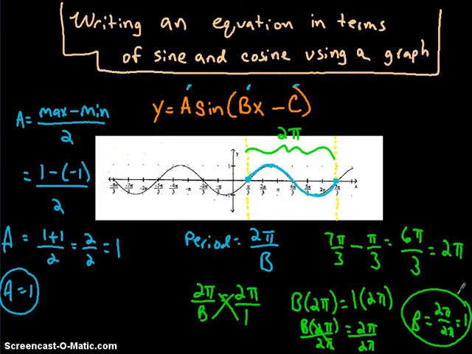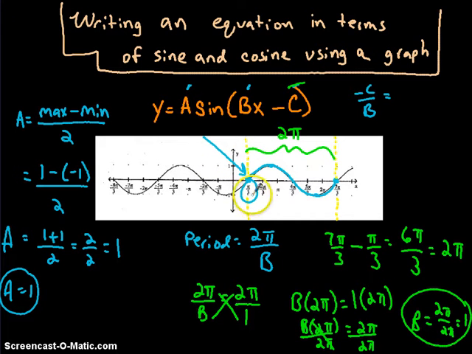So the last thing to find is the C value. And the C value is negative C over B, and we write that equals the starting point. If you go back and look at it again, the starting point was right here, pi over 3.